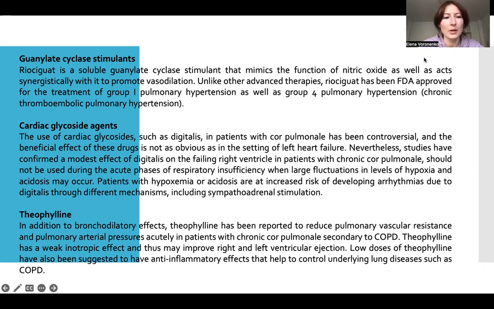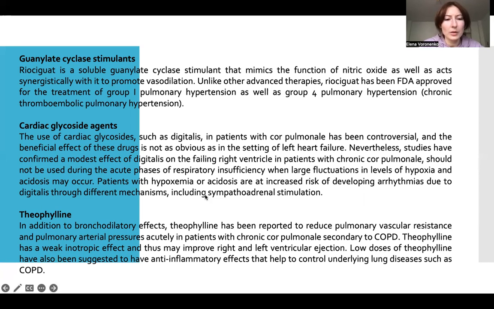Nevertheless, studies have confirmed a modest effect of digitalis on the failing right ventricle in patients with chronic Cor Pulmonale. It should not be used during the acute phases of respiratory insufficiency when large fluctuations in levels of hypoxia and acidosis may occur.